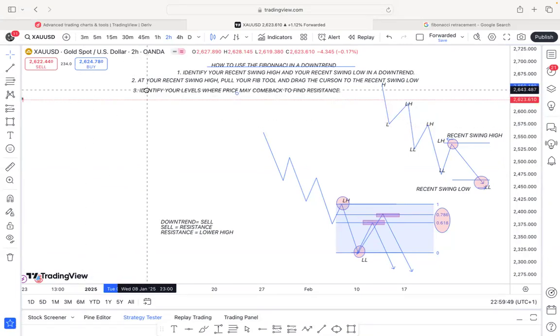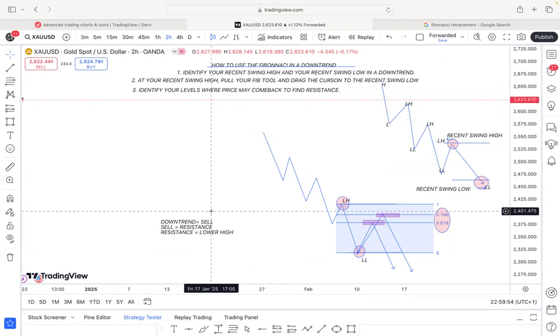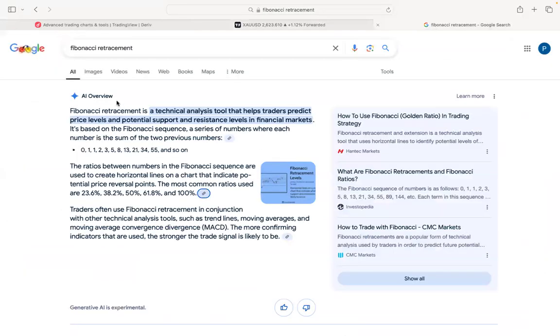Price may come back to find resistance, because we are looking for resistance levels. So now this Fibonacci tool, like it says here, Fibonacci retracement is a technical analysis tool to help traders predict price levels and potential support and resistance levels.